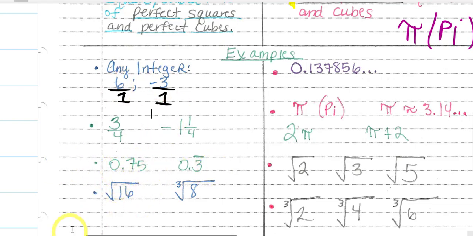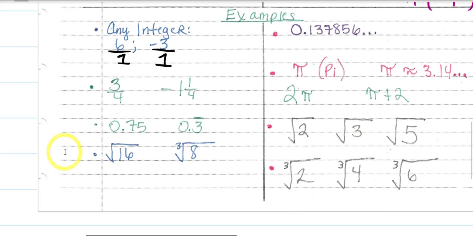So you've been working with these numbers. The square root of 16. Well, we know the square root of 16 is going to simplify down to 4, a positive or a -4, right? So positive or -4, both of those can be turned into a fraction. So the square root of 16 equals a positive or a -4, and that is a rational number.